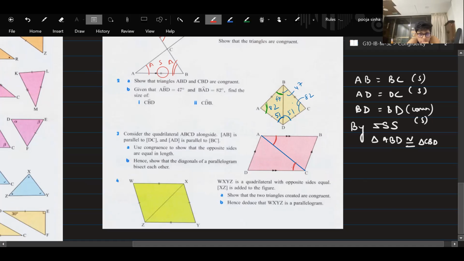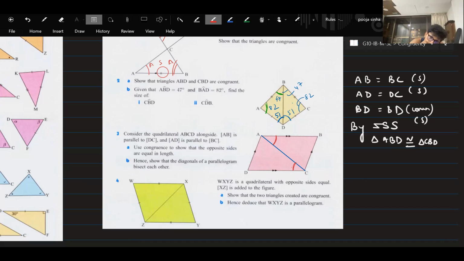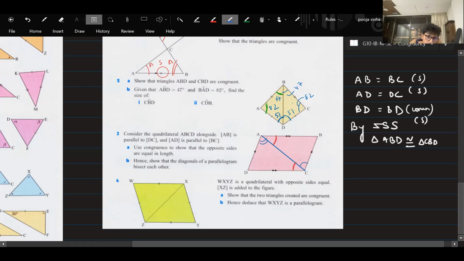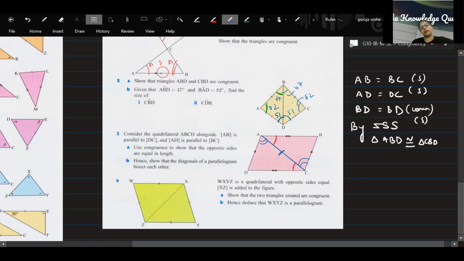And even this angle is equal to this angle. So now we'll use ASA. And there's a common side, right?